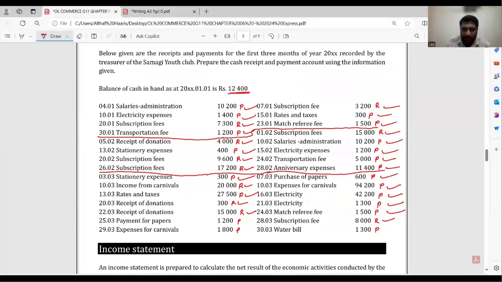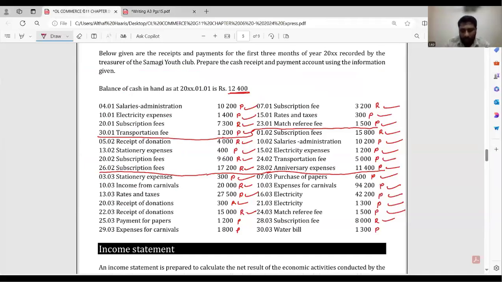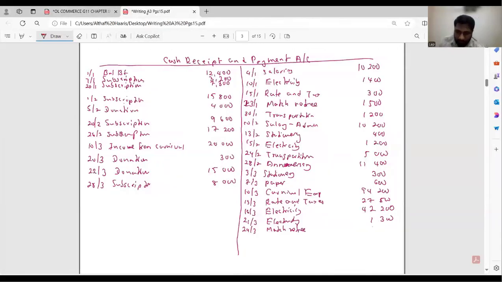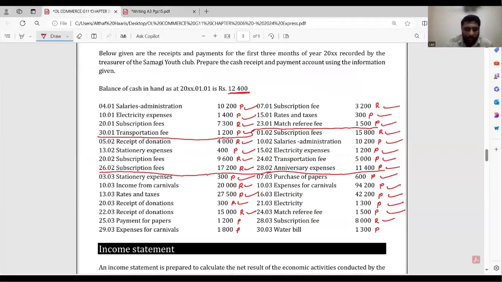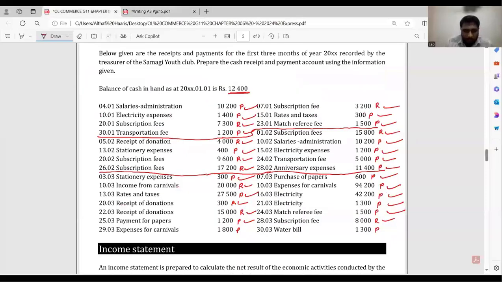Match referee 1,500. Papers 1,200. Carnival expense 1,800.